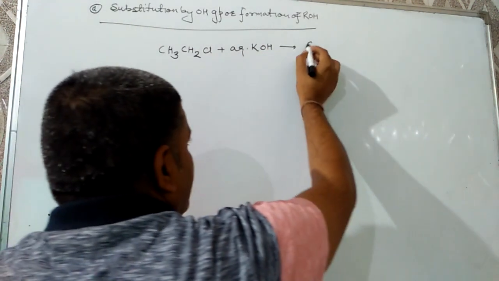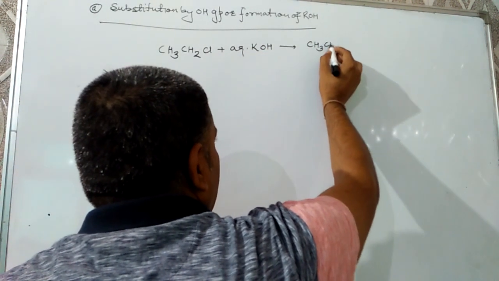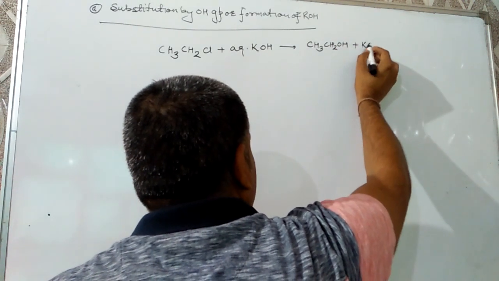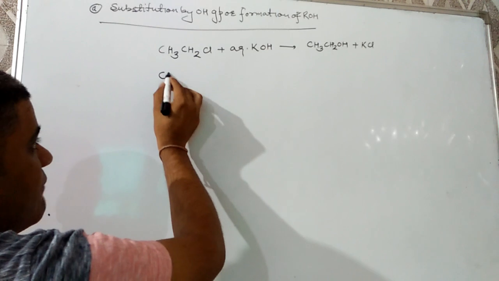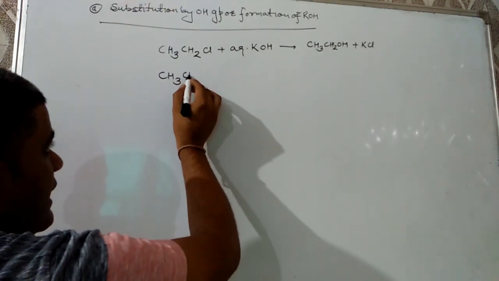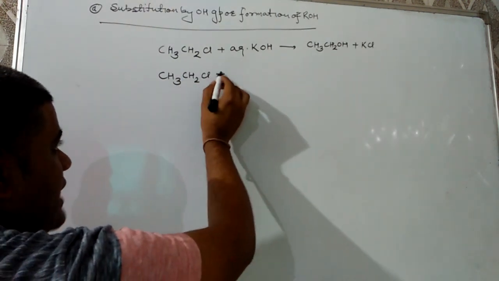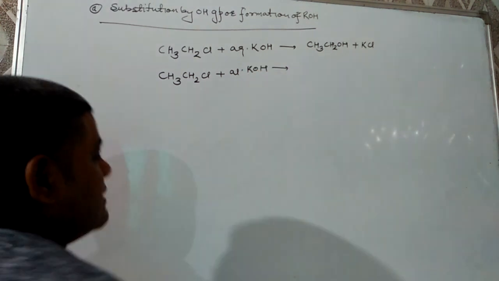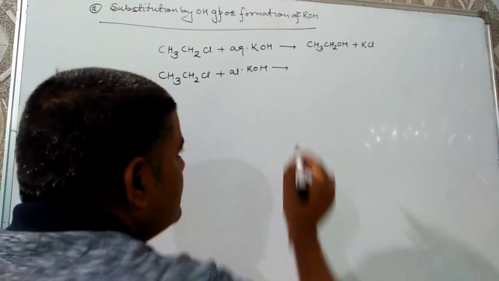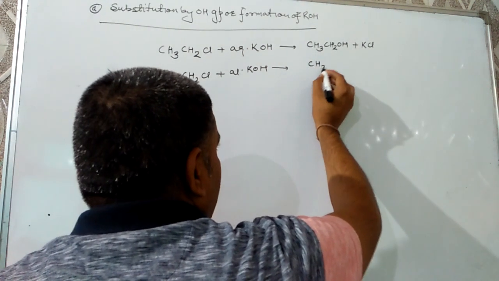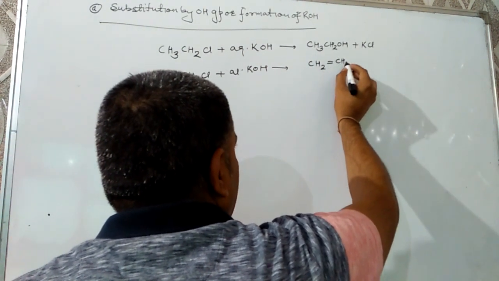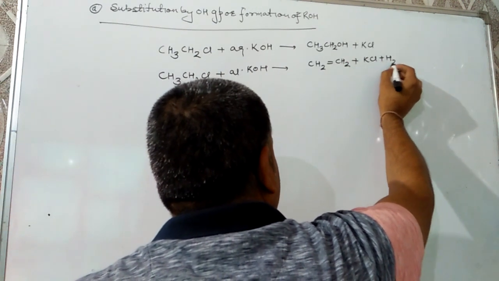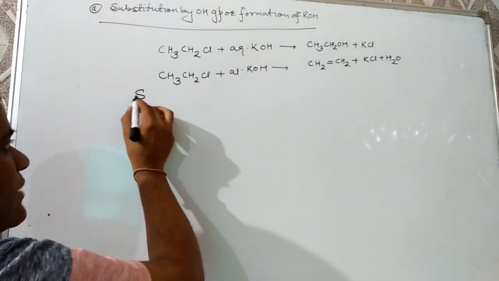The product formed will be ethyl alcohol plus KCl. Same way, if chloroethane reacts with alcoholic KOH, in this case elimination will take place, a beta elimination, and the product formed will be alkene plus KCl plus H2O, and this alkene is going to be formed according to Saytzeff's rule.